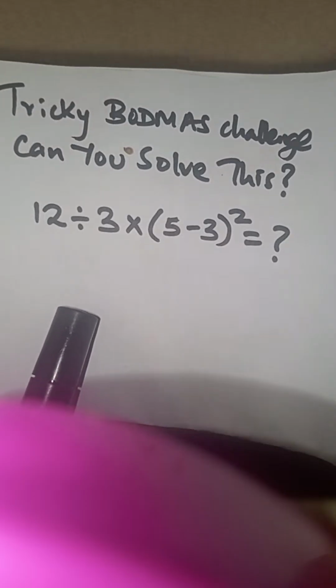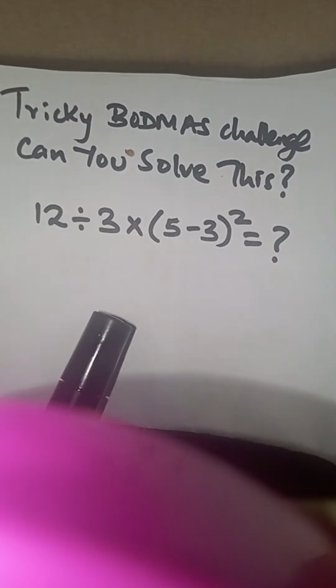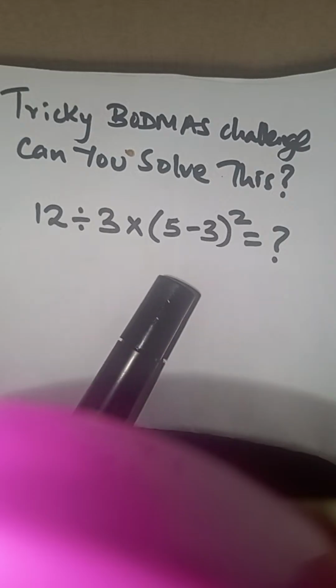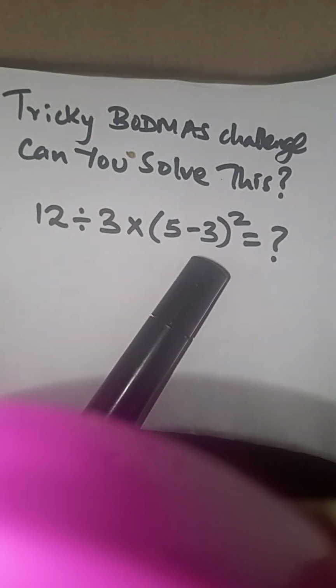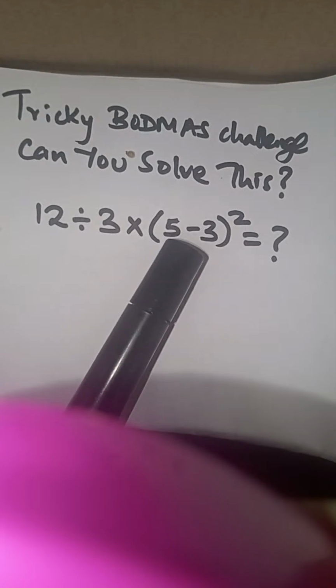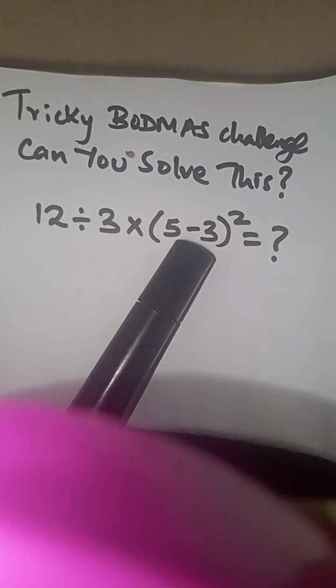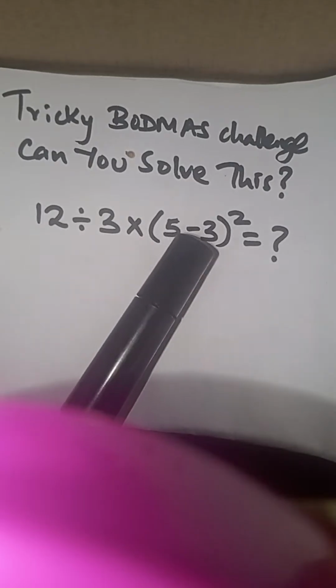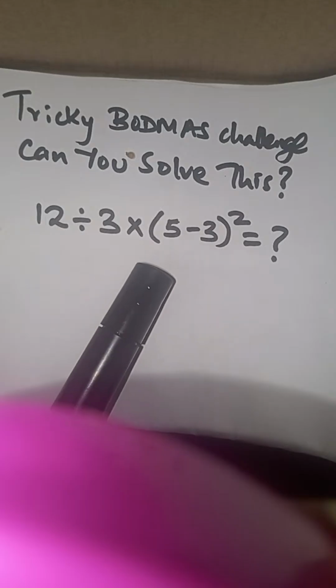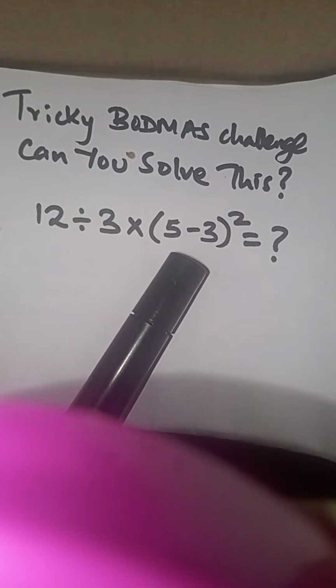Kolo, welcome. You're saying that first we tackle the bracket, which is 5 minus 3, and the power. So 5 minus 3 is 2, and 2 squared is 4.